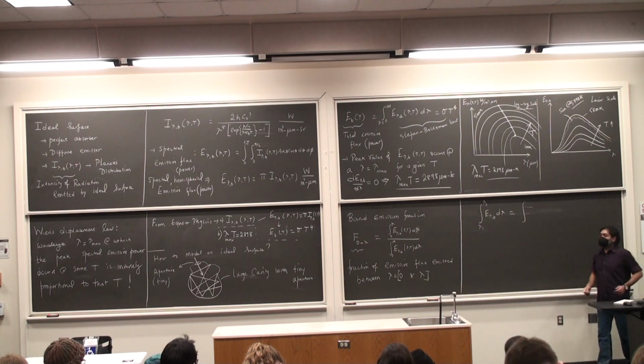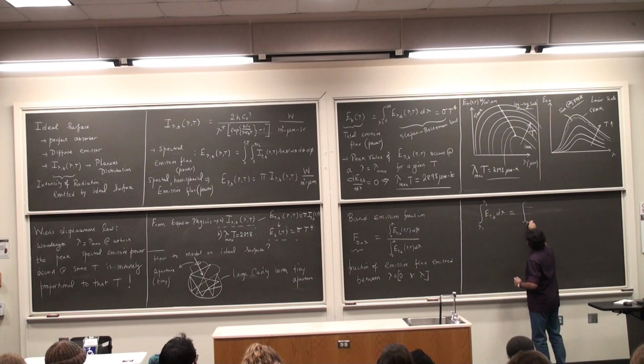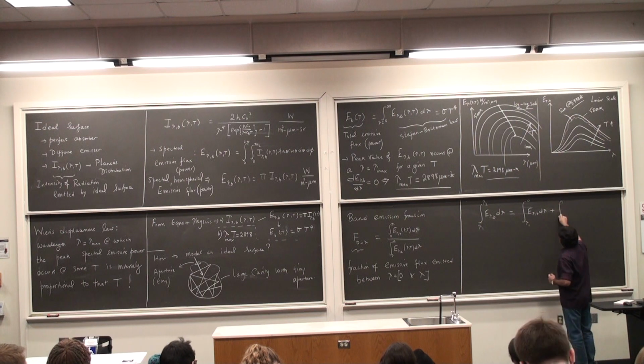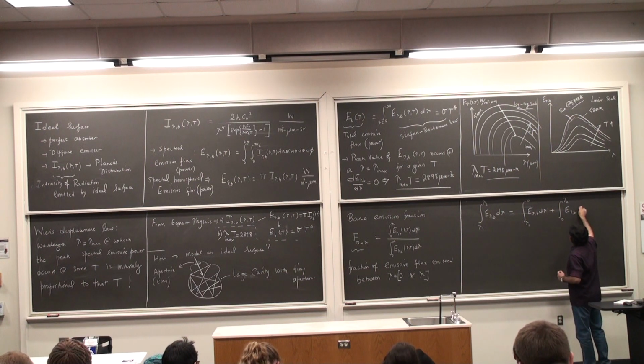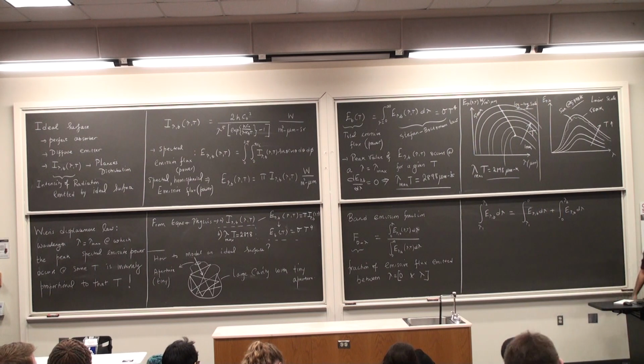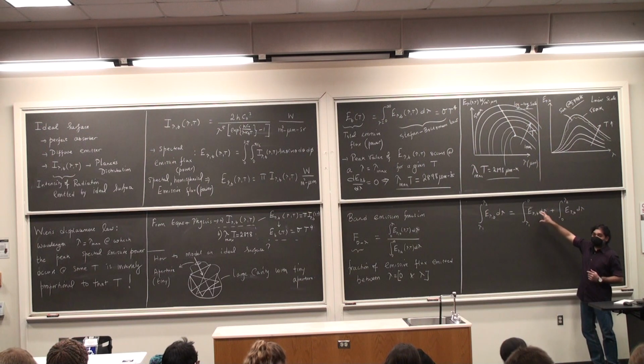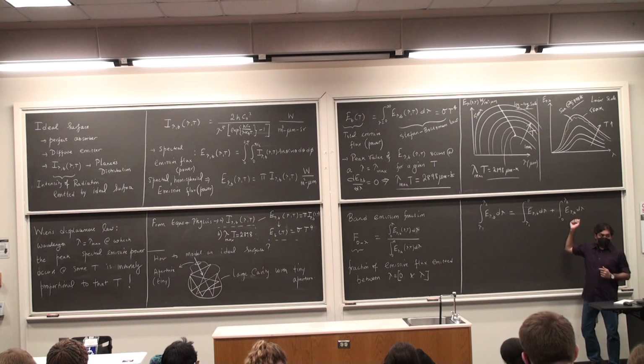This is nothing but lambda 1 to 0 plus 0 to lambda 2 of that. And what I can do is reverse the limits of this integral so that it becomes a negative quantity.